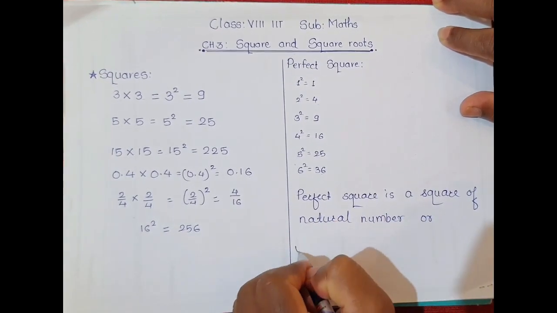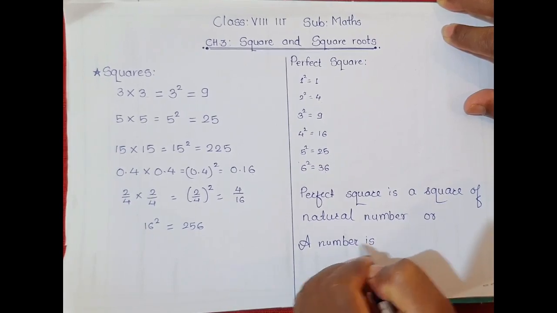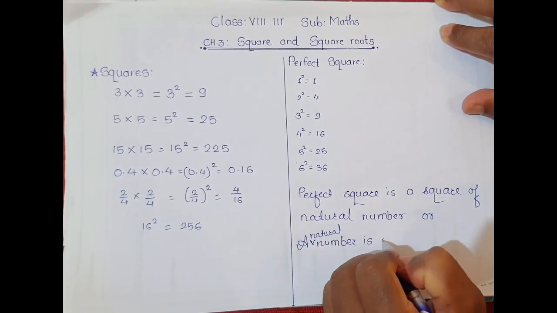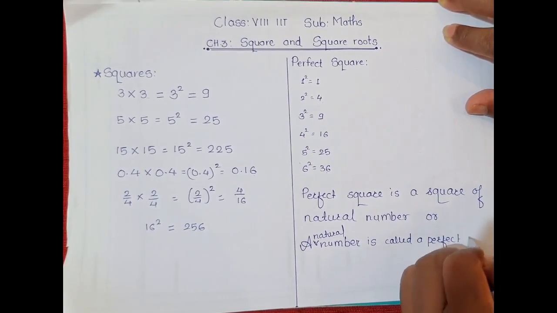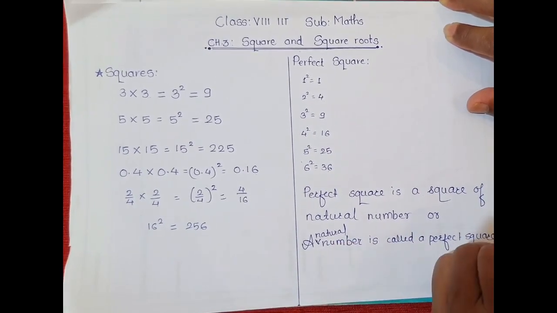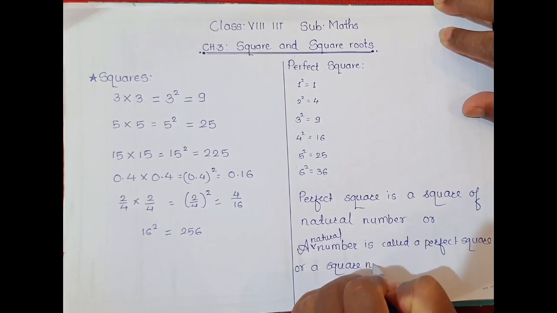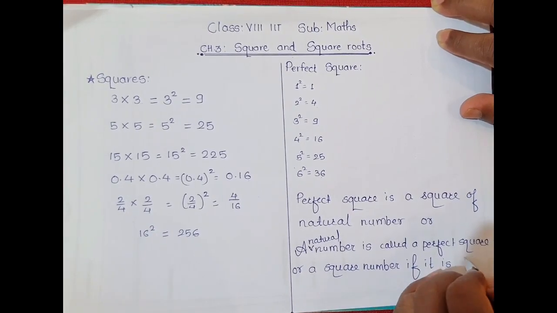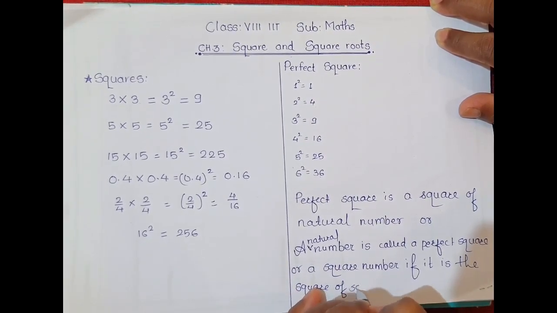Or we can say that a natural number is called a perfect square or a square number if it is the square of some natural number.